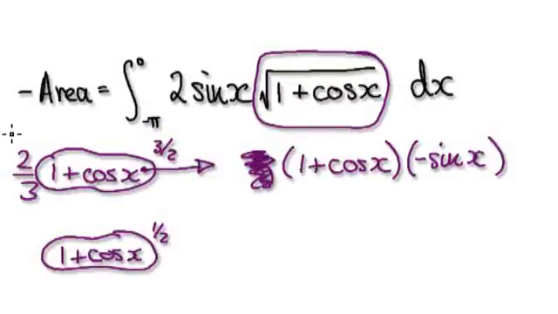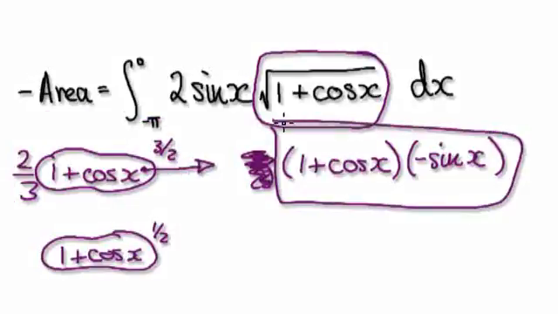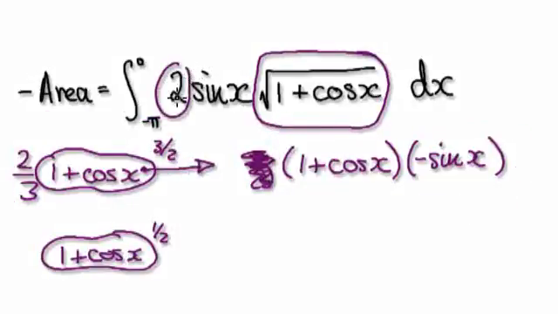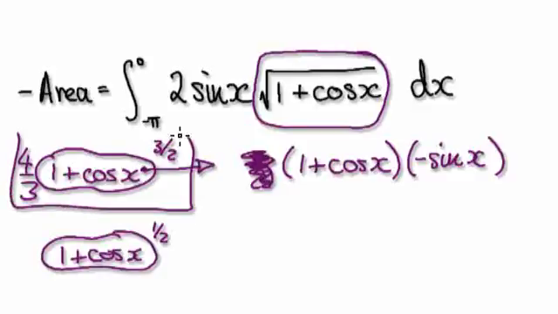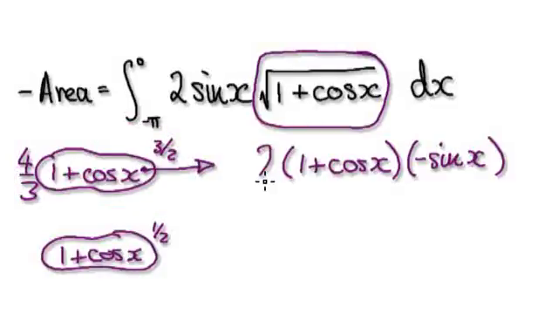When you differentiate this, it will give you this. But now we want the 2, so we've got to times this by 2. So this gets multiplied to the top, giving you a 4. Now when you differentiate this, it will give you a 2 in front.